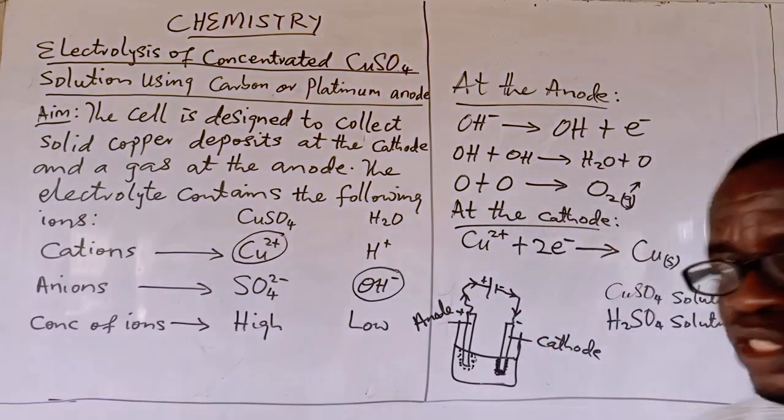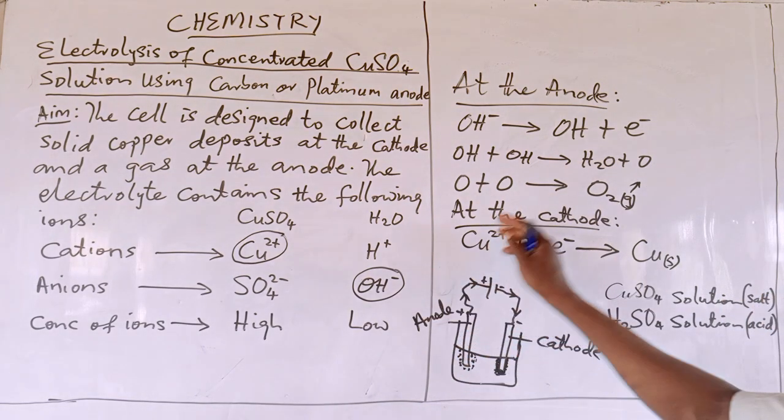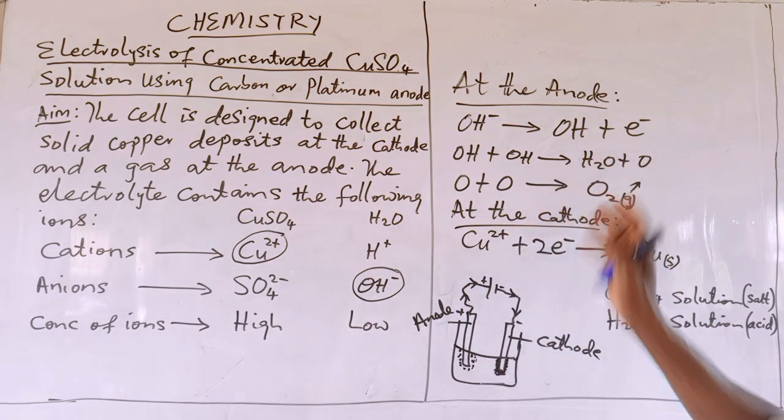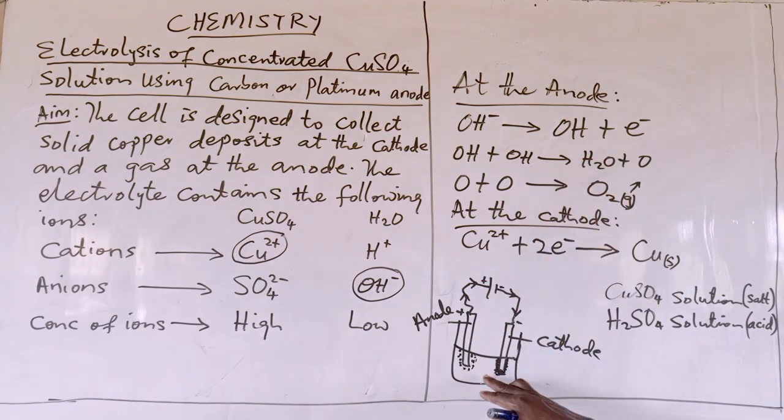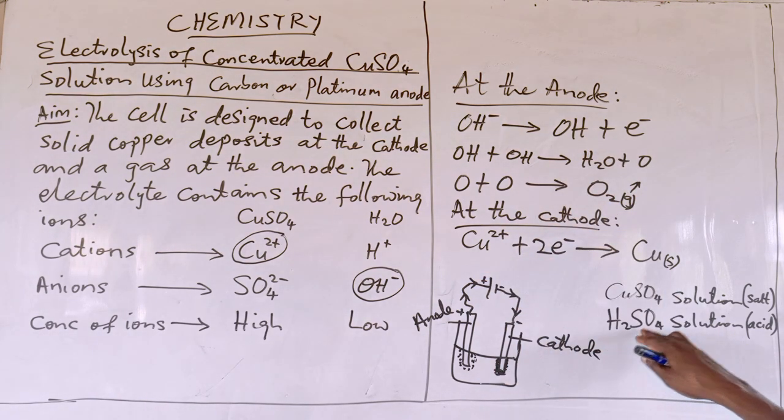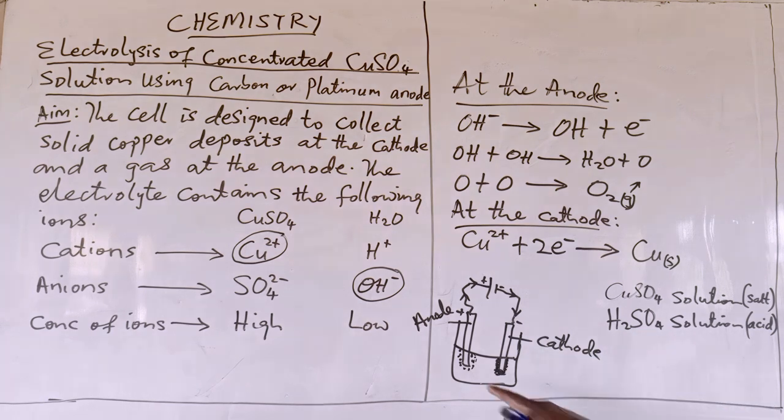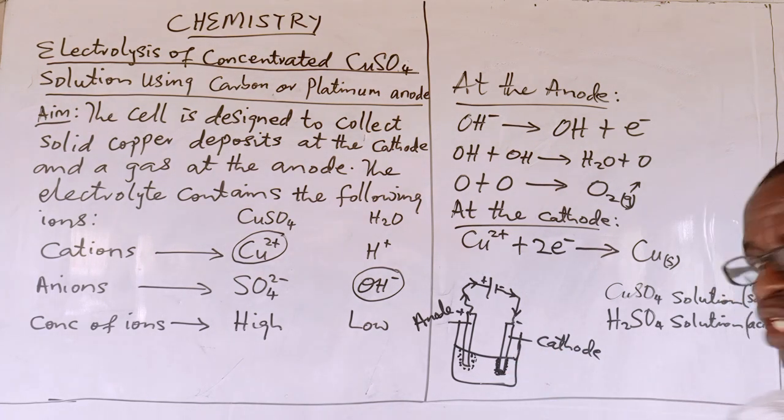So at some point, after copper has been given out from the solution, it turns to a dilute solution of tetraoxosulfate 6, and what will be deposited at the cathode will change. Anode will still be oxygen, but cathode will be hydrogen. It will not be copper again, because the solution is acidic.